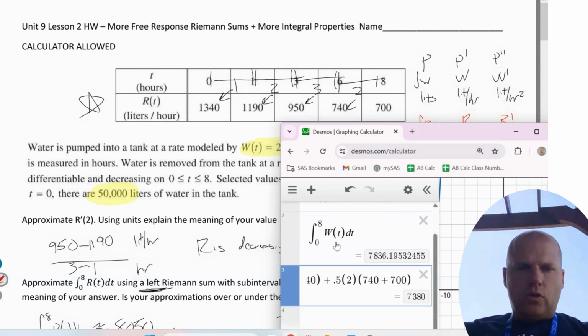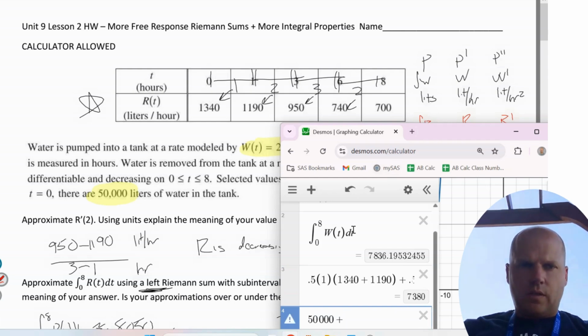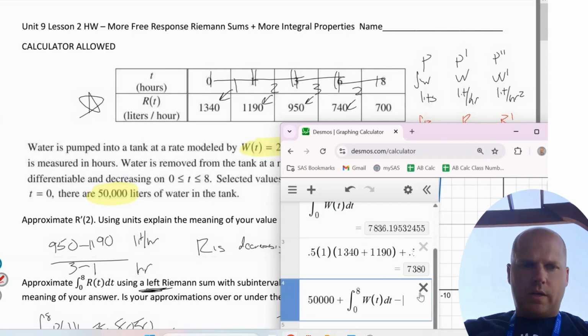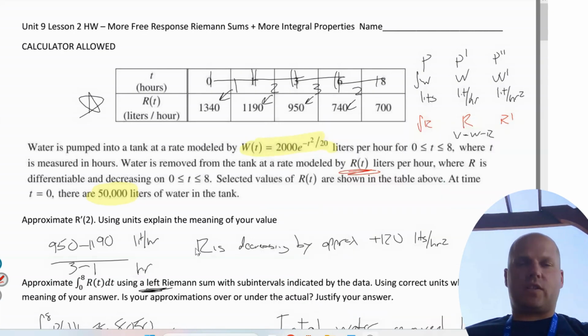Cool. So 50,000 plus this number minus this number gives 50,456.